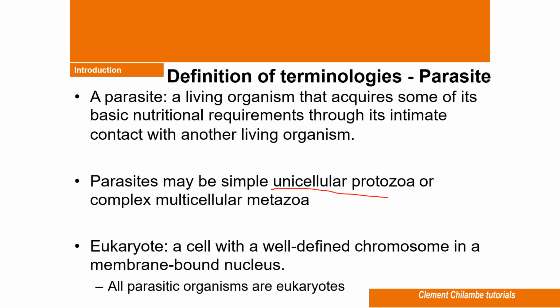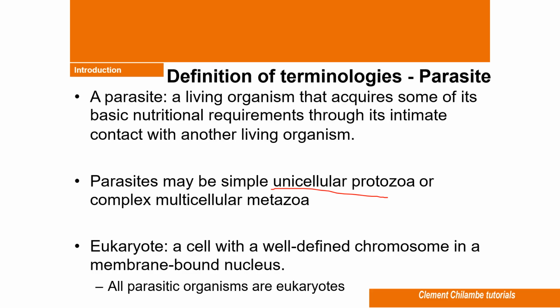And then a eukaryote. What is a eukaryote? Remember, we talked about a parasite being an organism which may live temporarily or permanently on or within another living organism for the purpose of obtaining food or shelter.